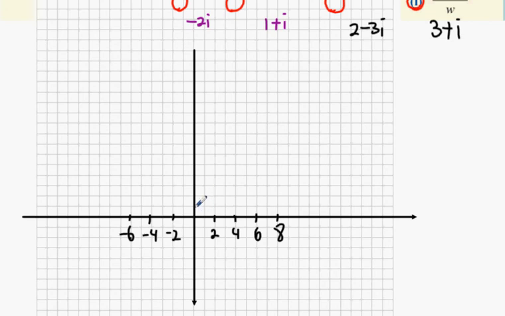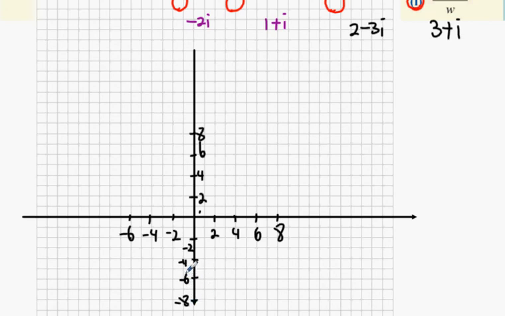Because it's much neater than doing this, to see how small and clumped looking that gets. So I'm actually going up in ones, but I'm only registering every 2, just to make it a bit neater. And finally, minus 2, minus 4, minus 6, and minus 8.